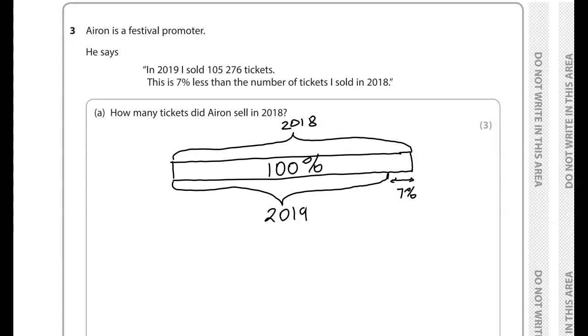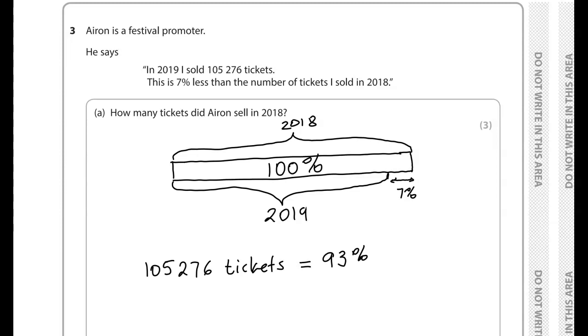So the number of tickets in 2019, which was 105,276 tickets, is equal to 93% of the number of tickets that were sold in 2018.